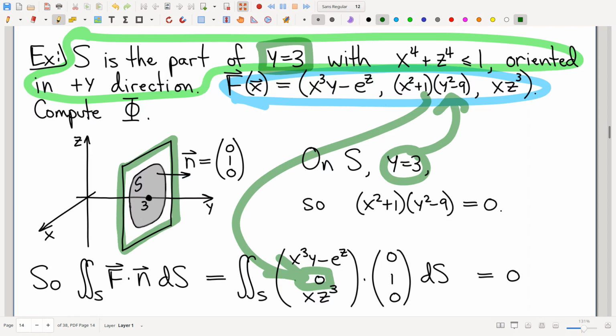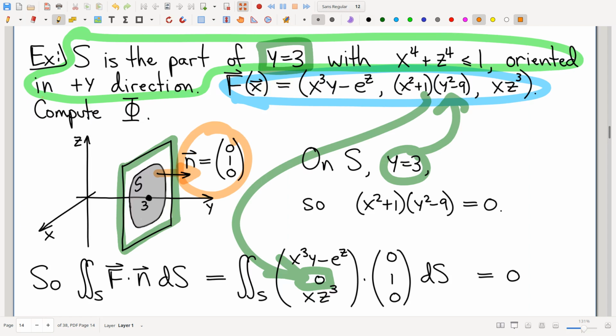Here's the other thing I can capitalize on. This is just a different cool observation. Being as our surface is in this plane, I can just immediately write down the normal vector. It's 0, 1, 0. I mean, that plane is perpendicular to the y-axis. There's only two possibilities.